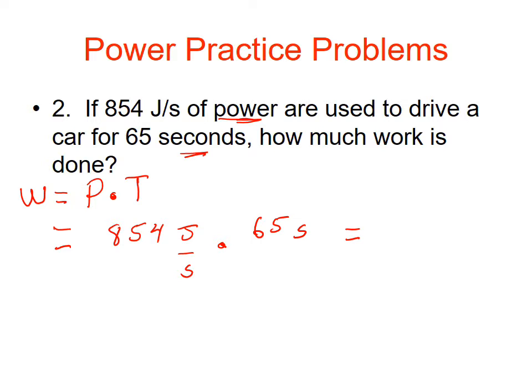You'll notice that the units of seconds divide away. That's going to give me an answer in joules, which is what work is going to be reported in here. And when I run it through my calculator, I get 55,510 joules of work.